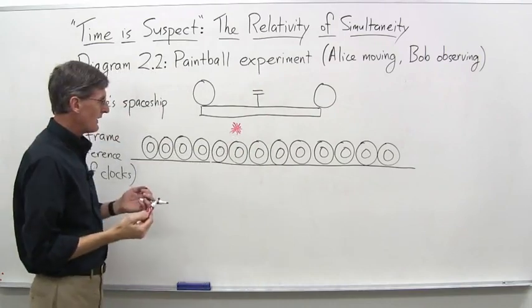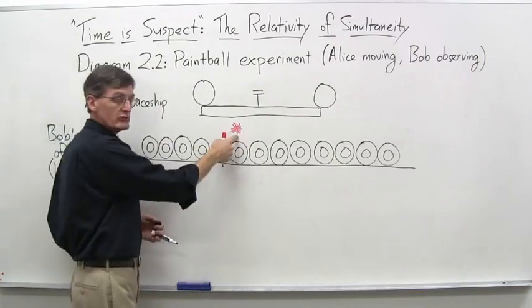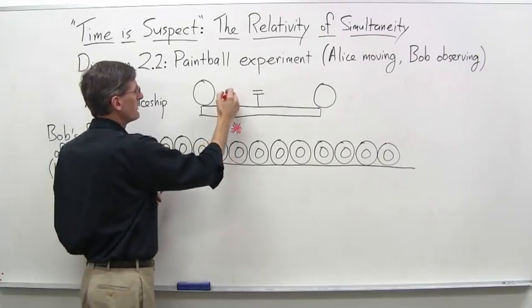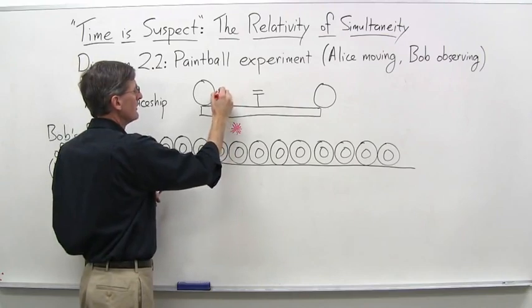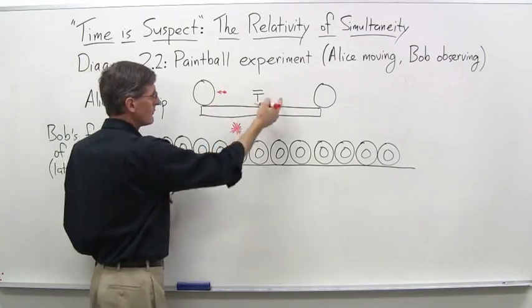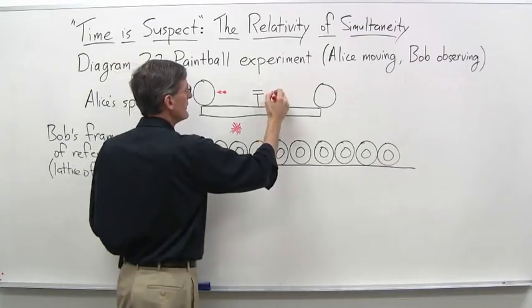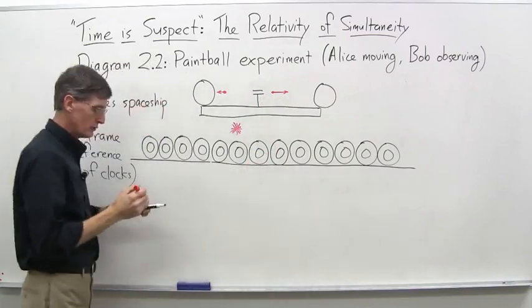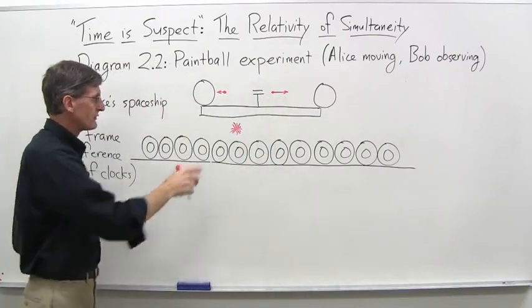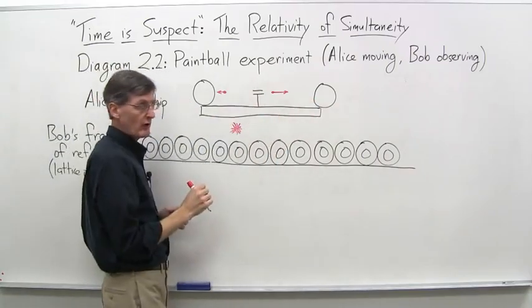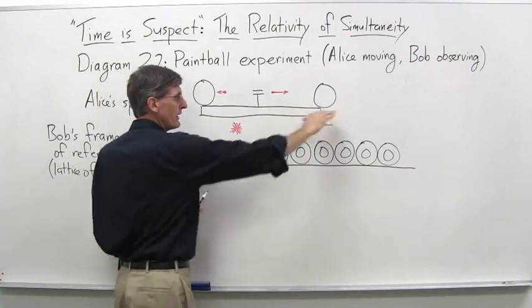And the actual paintballs, remember, this is the position they were shot at. So if we're observing from Bob's perspective, this paintball is going to be traveling that way. And this paintball over here is going to be also traveling that way, someplace in between. Once the paintballs leave that apparatus, this end of Alice's spaceship is traveling away from it.